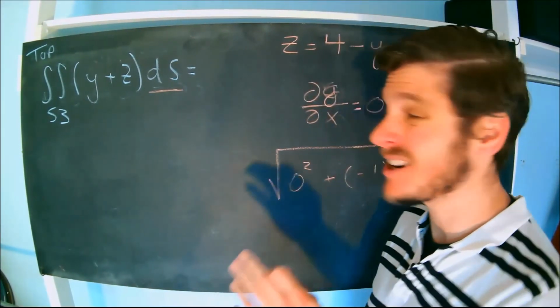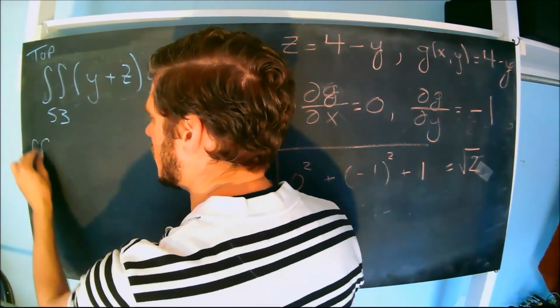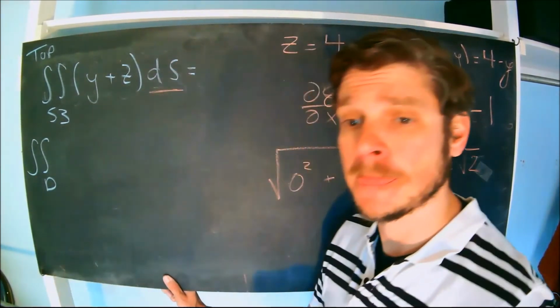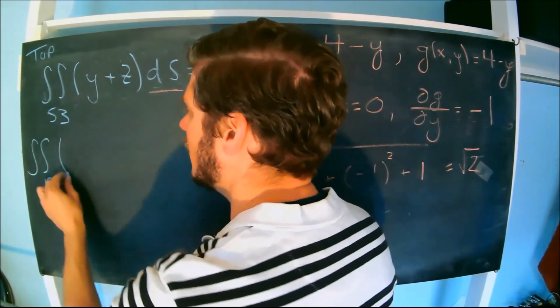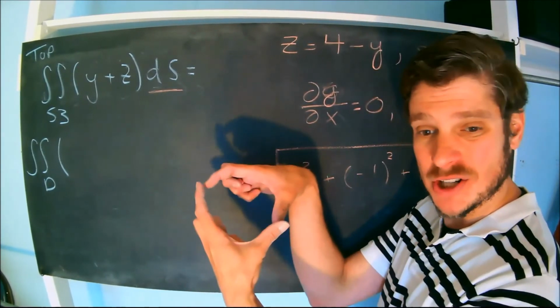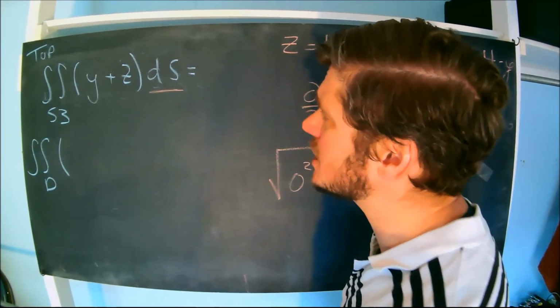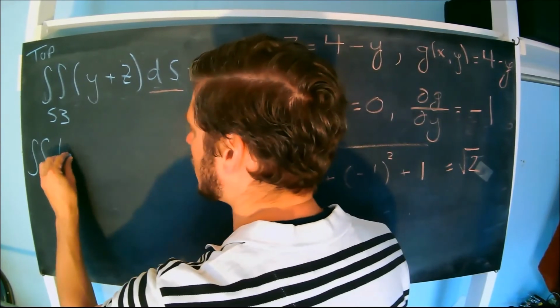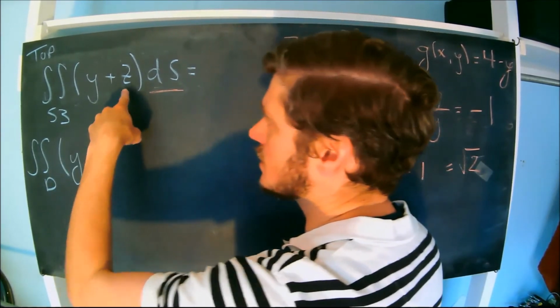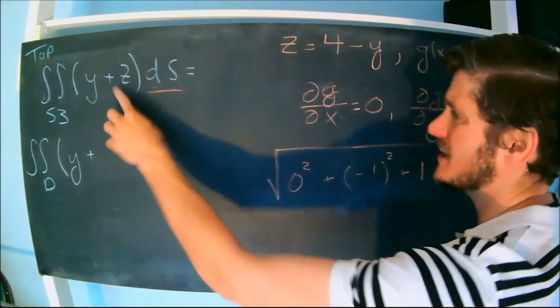So, let's go and actually convert the surface integral so that we can integrate over my region D. In this case, my region D is going to be the cylinder that encloses this top portion of my plane. So we have y plus z. But again, I don't want to do this in terms of z.